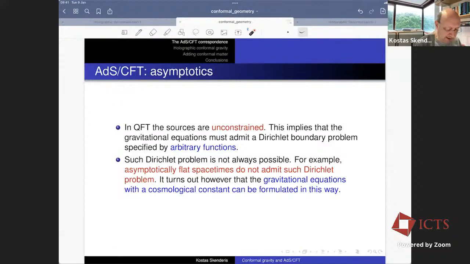For example, in asymptotically flat spacetimes, and celestial holography has been a focus of the community the last 5 to 10 years, asymptotically flat gravity does not admit such a Dirichlet problem. But it turns out that the gravitational equations with a cosmological constant can be formulated in this way.